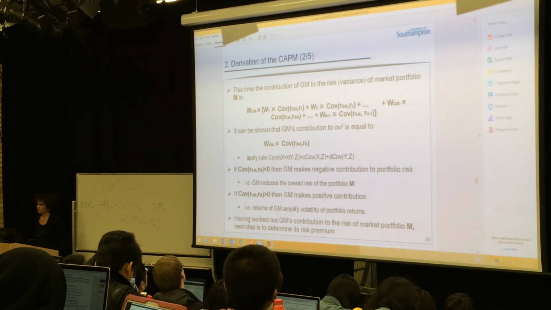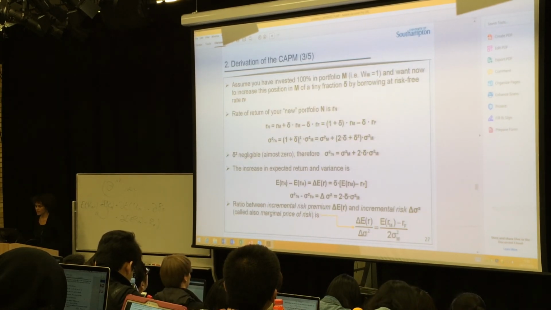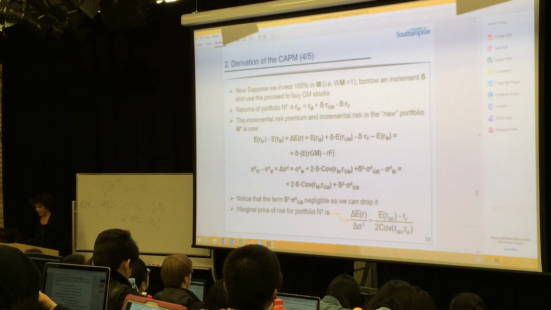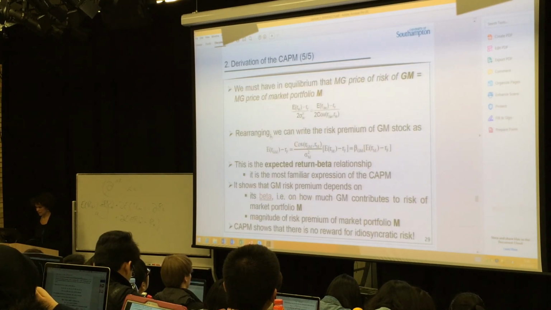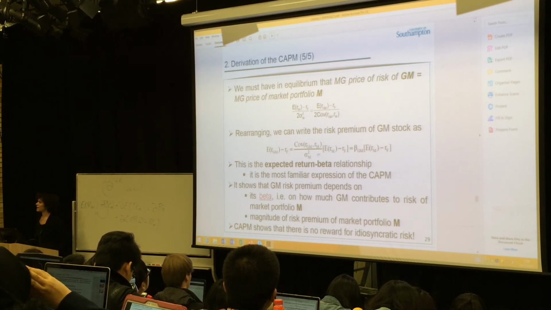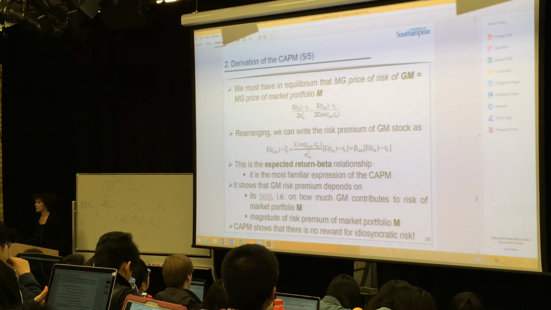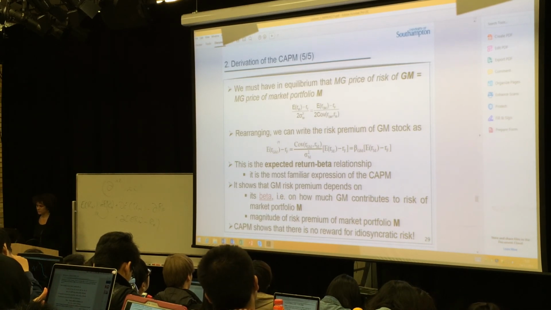So this is the contribution of the stock to the variance. This is instead how I can arrive to define my equilibrium.